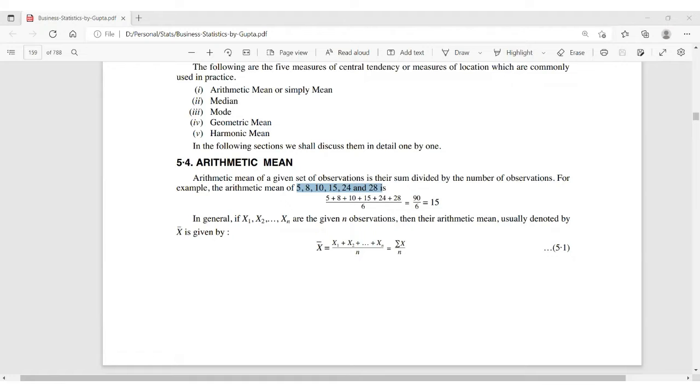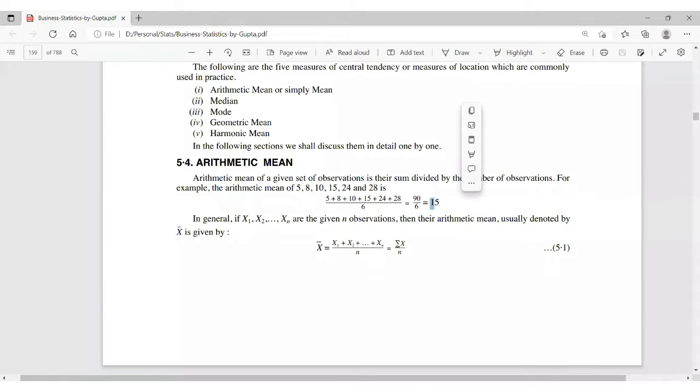Addition of this comes to be 90. Divided by 6, it comes to be 15. So the average is 15. Is that clear?